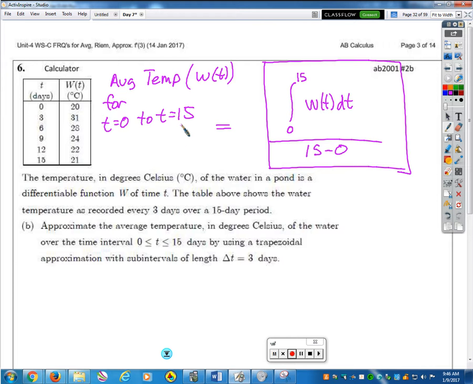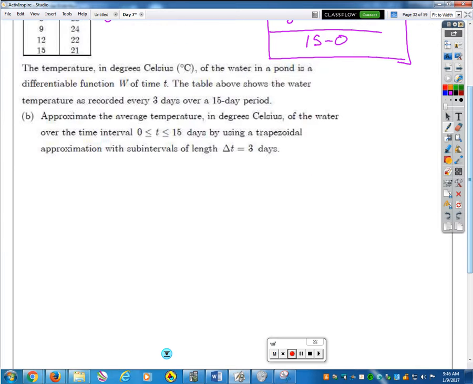So then I would come down here and I'd write the integral from 0 to 15. Now here's where you really do need to have some equal signs. This is going to be approximately.